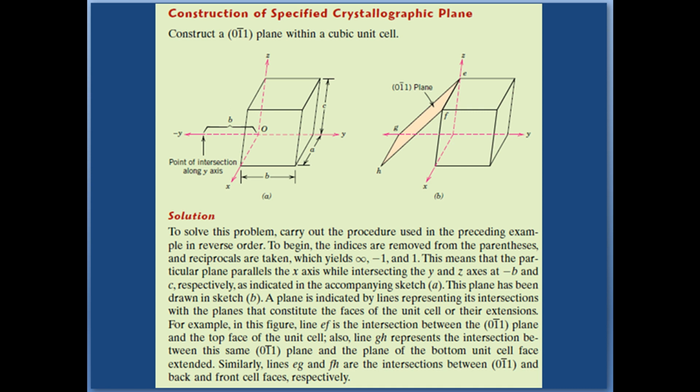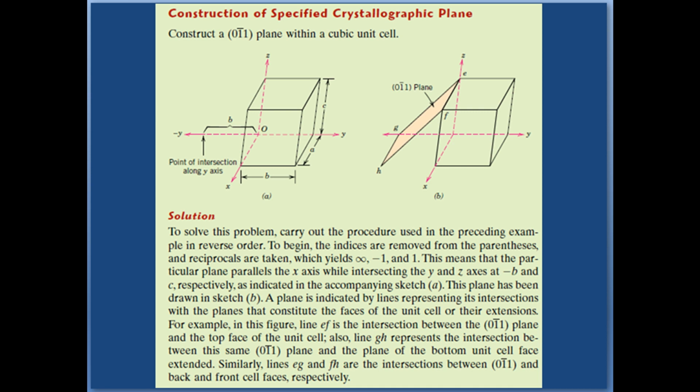A plane is indicated by lines representing its intersections with the planes that constitute the faces of the unit cell, or their extensions. For example, in this figure, line EF is the intersection between the (0 1-bar 1) plane and the top face of the unit cell.